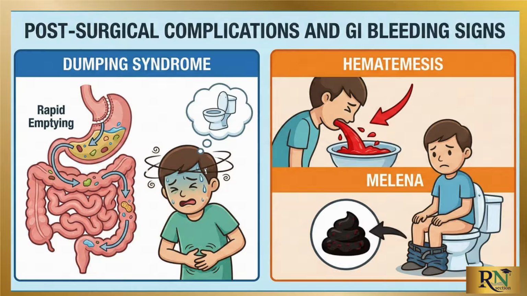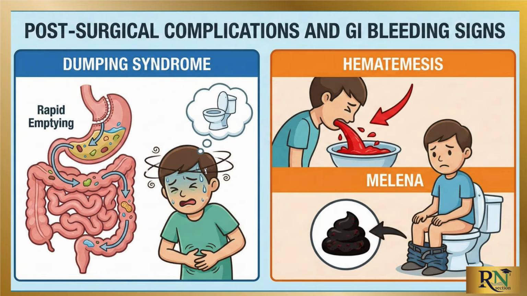Dumping syndrome, this is a classic NCLEX and exam topic. It is a complication after stomach surgery where food moves too fast into the small intestine, causing dizziness, sweating, and diarrhea.